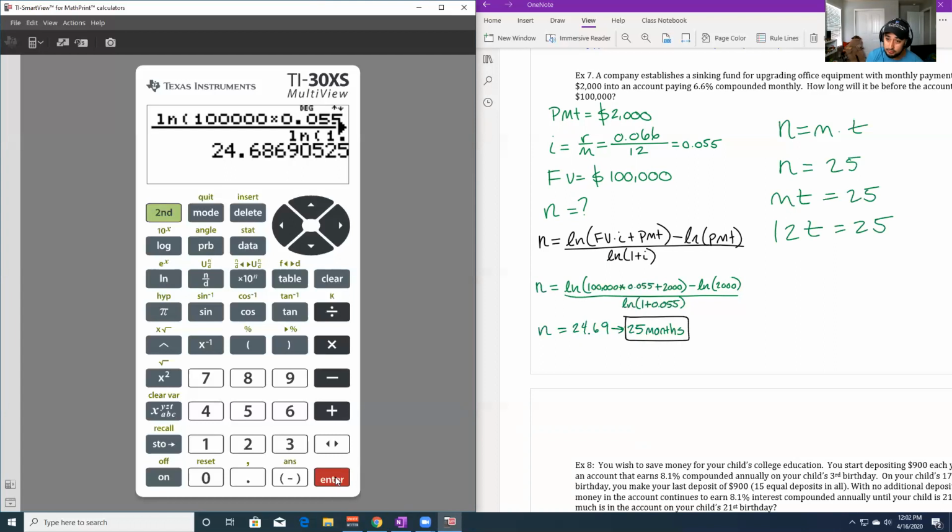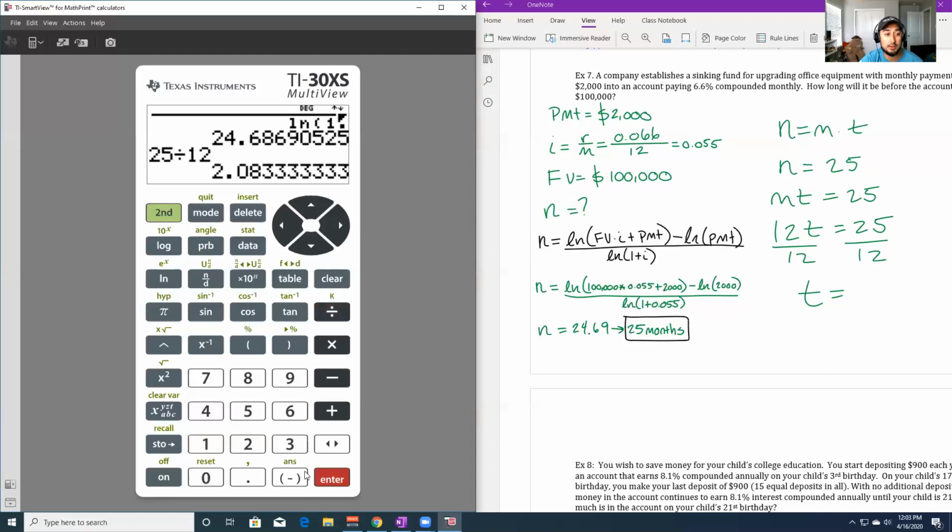And if you divide by 12, this will give you the time in years, just in case it asks. 25 divided by 12, 2.08. There it is. All right, so that would be maybe just 2.1 years, or just 2 years. So that's in case it asks you for time in years. But here, if it just says solve for n, then you just put what we got the first time, 25 months. That's it.